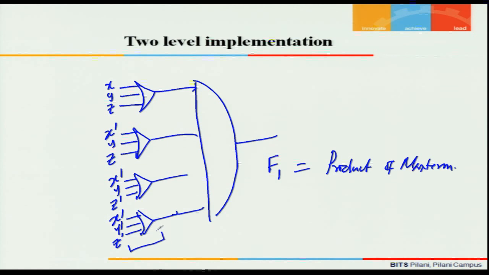The first level is a set of OR gates, the second level is an AND gate. We call this an OR AND implementation. Now, like the previous example, I could put bubbles in these entries, invert the output of the OR gate as well as invert the input of the AND gate.